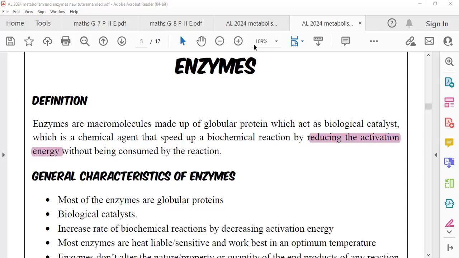Same time, at the end of the reaction: I started my A-level biology classes in 2003, soon after my graduation from the university. 2003, now 2022. How many years? Approximately 19 years. Continuously teaching biology. Every year, that's a batch. Every year the syllabus is changing, but I am continuously teaching.